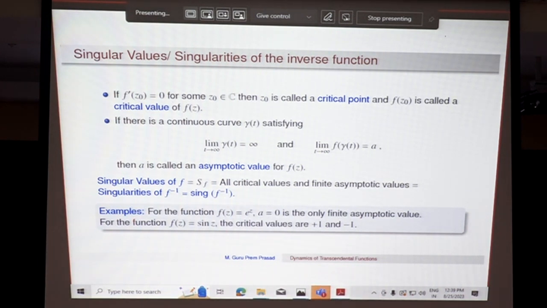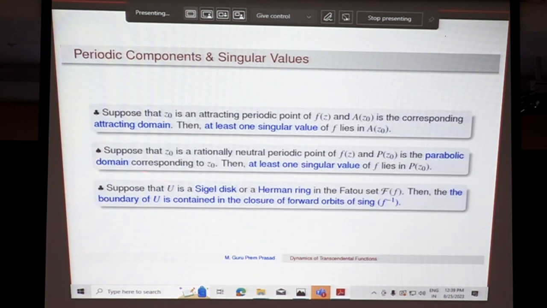How they play an important role in the dynamics is told by these results. If z naught is an attracting periodic point of F, then the basin of attraction contains at least one singular value. Similarly, a parabolic domain contains at least one singular value, and for Siegel disks and Herman rings, the boundary of U is contained in the closure of the forward orbit of a singular value of F inverse.